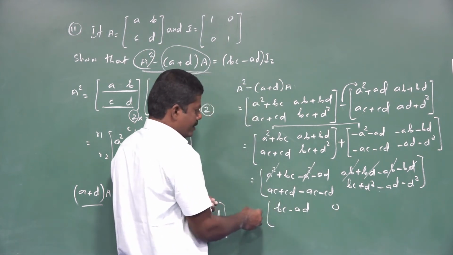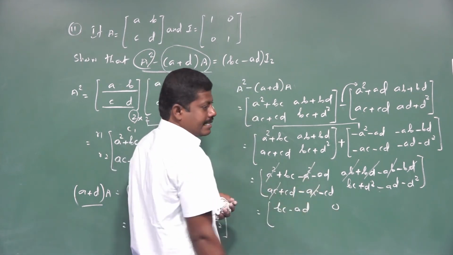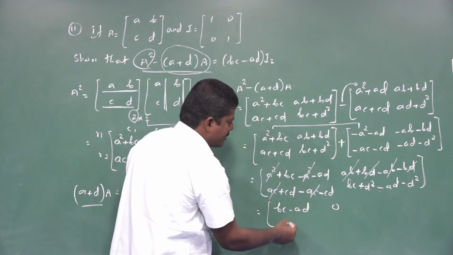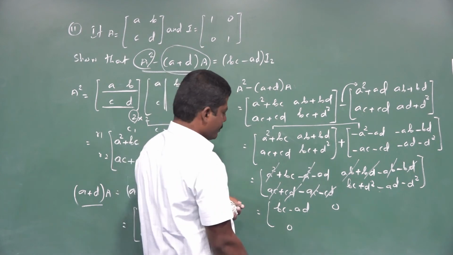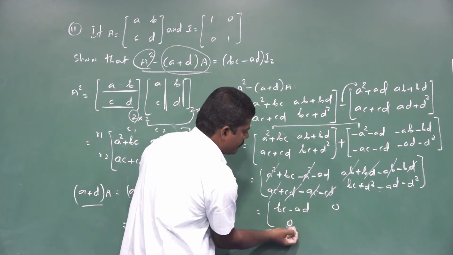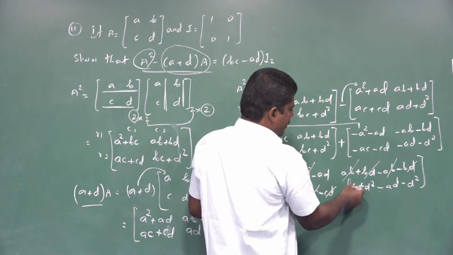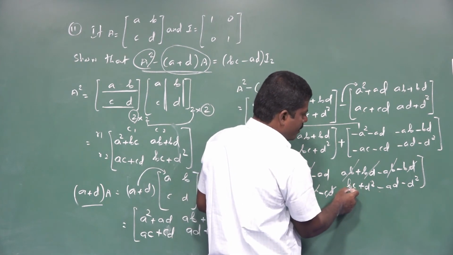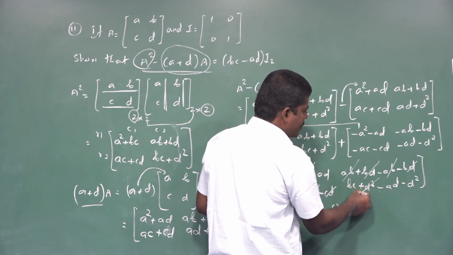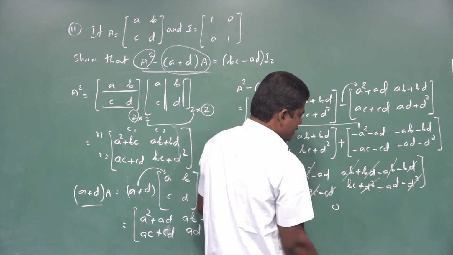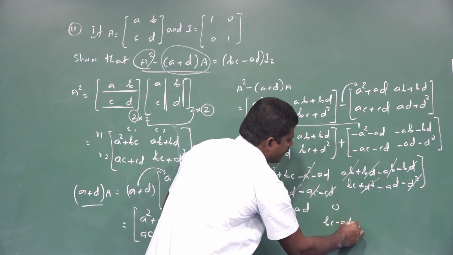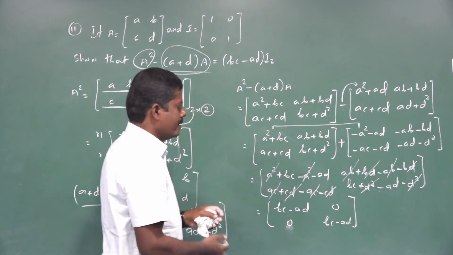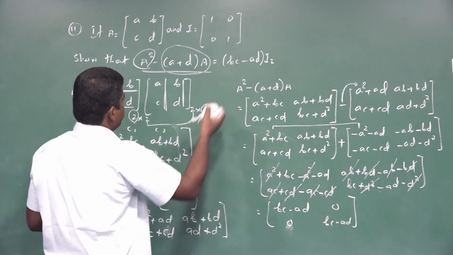In the next row, plus AC minus AC gets cancelled and CD minus CD also gets cancelled, so the answer is 0. Here BC is not cancelled. Plus D square minus D square gets cancelled. Remaining is BC minus AD. This is what?